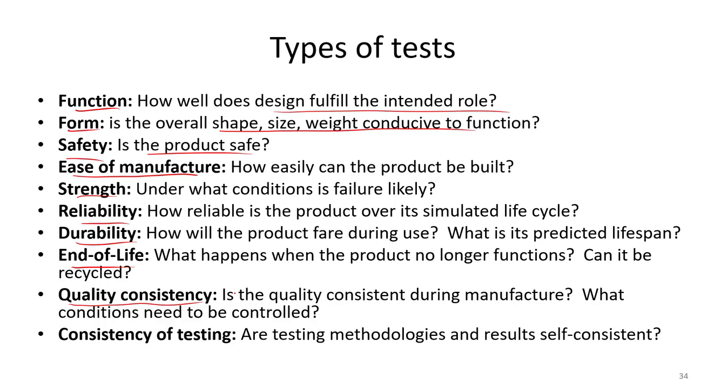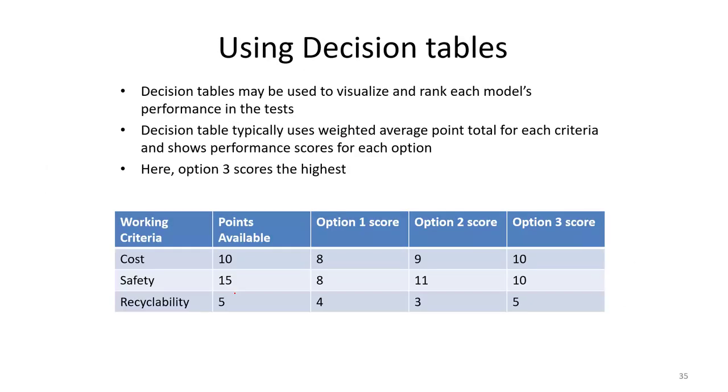And finally, consistency of testing. You want to make sure the tests you're running are actually reliable and consistent. A test won't do you any good if the test itself is not consistent. So once we've performed these tests, we might still need to decide on what design is best. So to help, we sometimes use what's called a decision table.